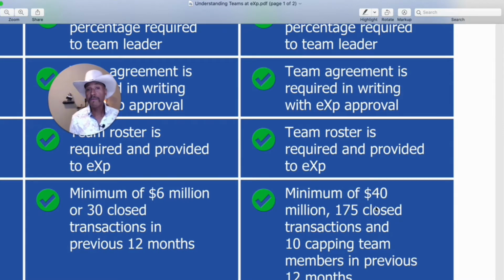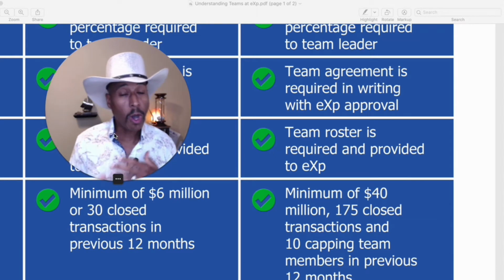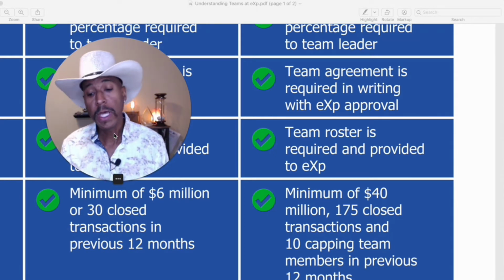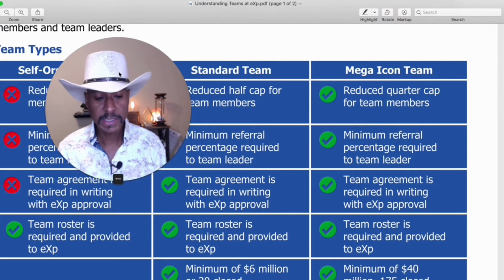There's a minimum of 40 million in production and 175 closed transactions, and you have to have 10 capping team members in the previous 12 months. So again, if you have a scenario like that, I'd be happy to walk you through how it would look for you with what we call a mega icon team.